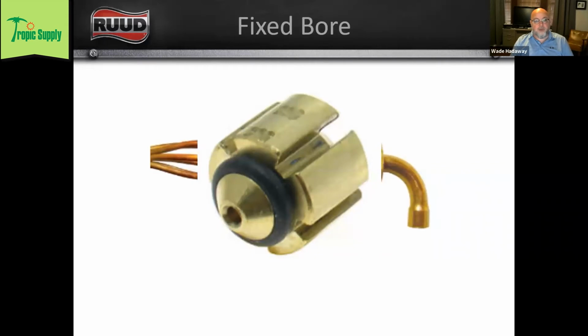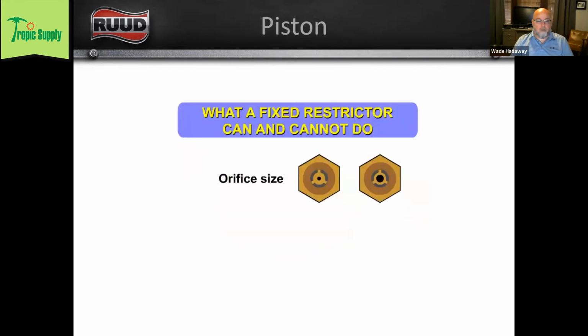The difference between a fixed bore and a thermostatic or an electronic expansion valve is that the fixed bore, being this piston or a capillary tube, can't change the amount of refrigerant. They can't adjust to the conditions and change the amount of refrigerant that moves into your coil, right?